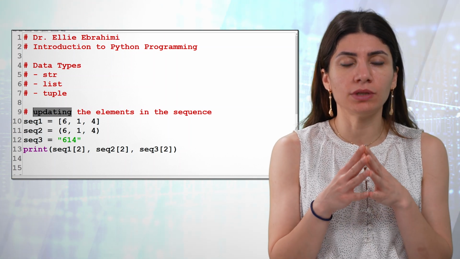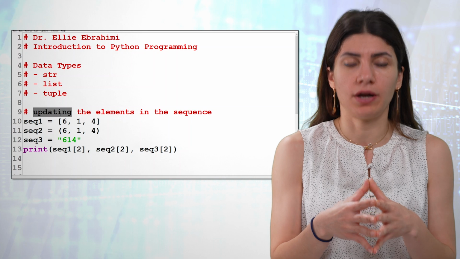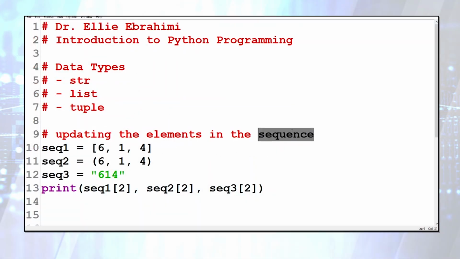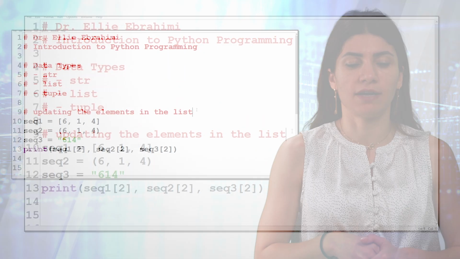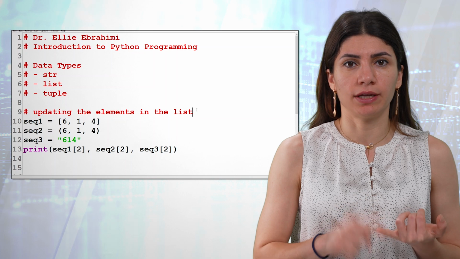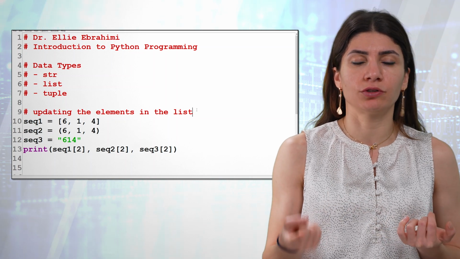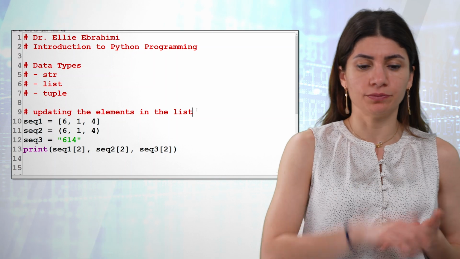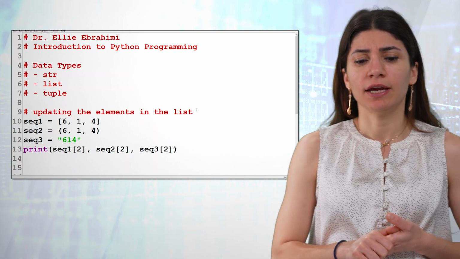Type list is the only sequence that we know so far that is mutable. So this is not possible for the other types of sequences. We can only update the elements inside a list. If you try to do it for a tuple or for a string, it's going to give you an error message. And we are going to show that in a second.